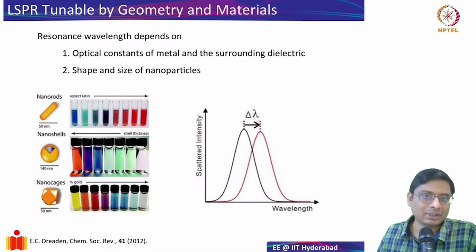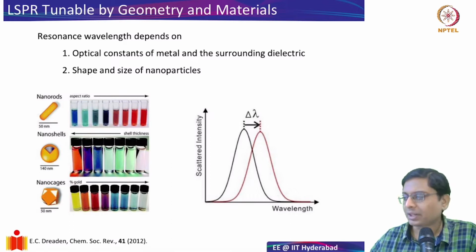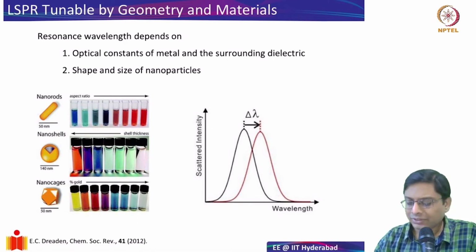For one, we already understand that the resonant wavelength depends on the optical constants of the nanoparticles, and also of course the medium, right? So let's say you have silver as a metal.